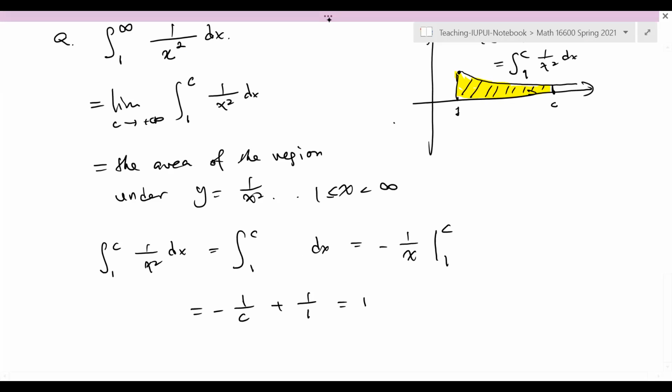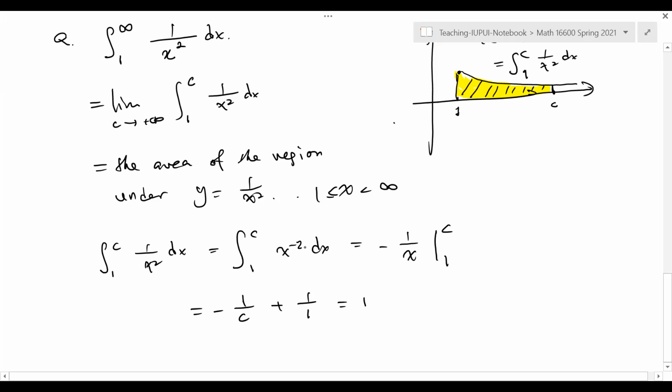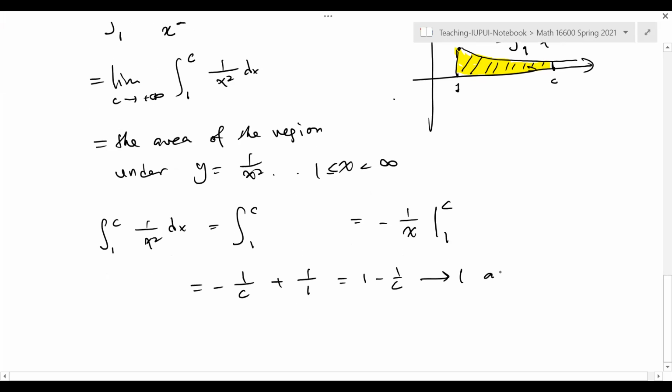I should write x to the negative 2 as a power function. So the antiderivative is negative 1 over x. It's easy to figure out. So the answer will be negative 1 over c plus 1, so it's 1 minus 1 over c. Clearly this approaches 1 as c approaches positive infinity.